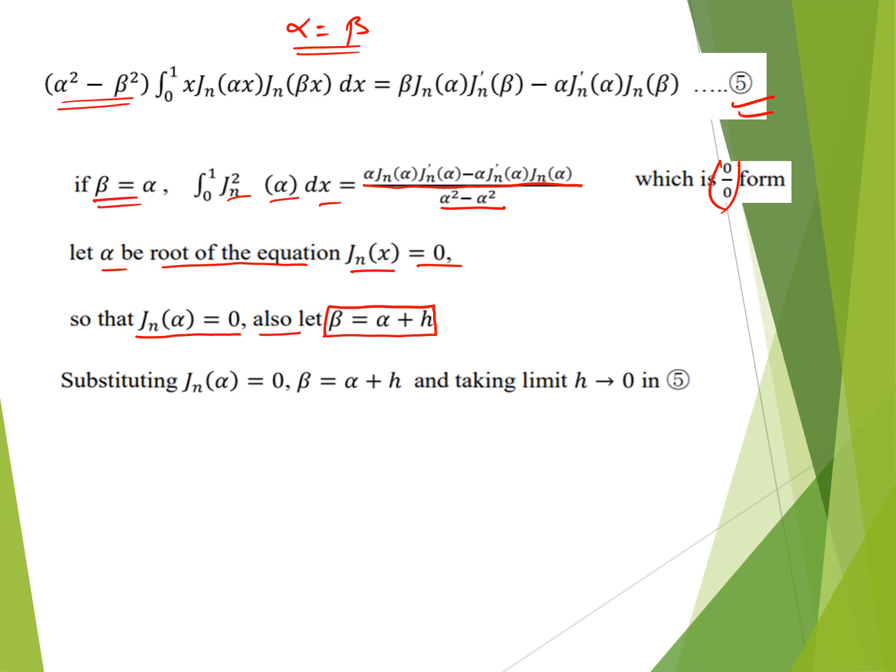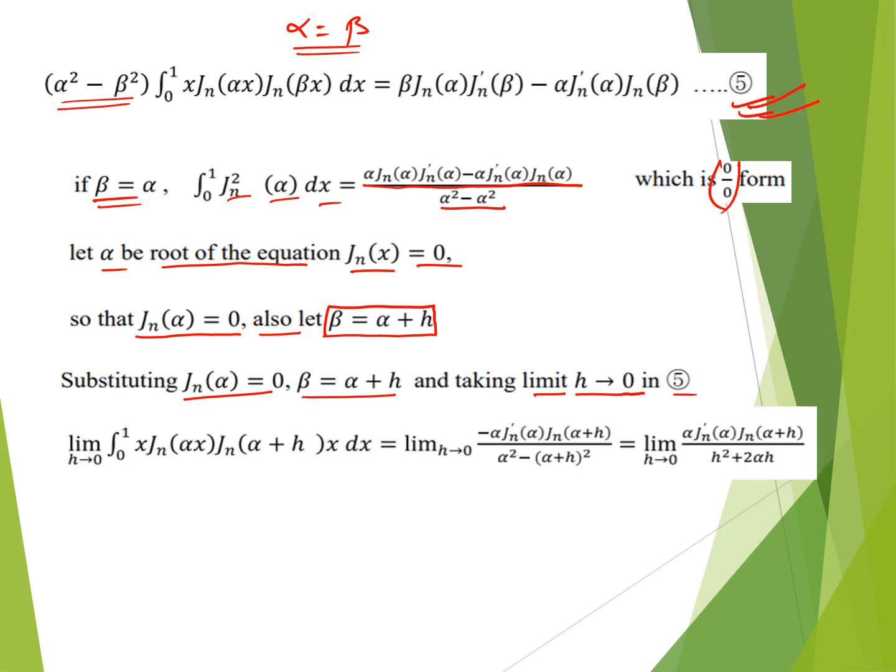Now substituting the value of Jn(alpha) equal to 0 and beta equal to alpha plus h, and taking the limit in equation 5 again, we find that the limit h tends to 0 of the integration 0 to 1 of x Jn((alpha plus h) x) dx, beta being replaced by alpha plus h, is equal to the limit h tends to 0 of minus alpha Jn dash alpha Jn(alpha plus h) upon alpha square minus (alpha plus h) square, which is equal to the limit h tends to 0 of alpha Jn dash alpha Jn(alpha plus h) upon h square plus 2 alpha h.